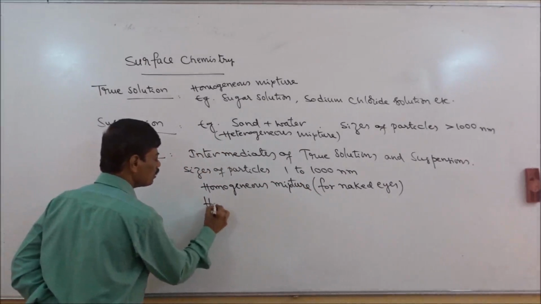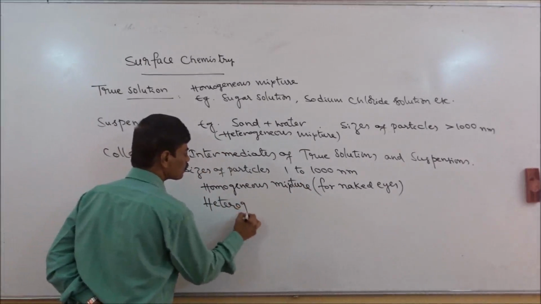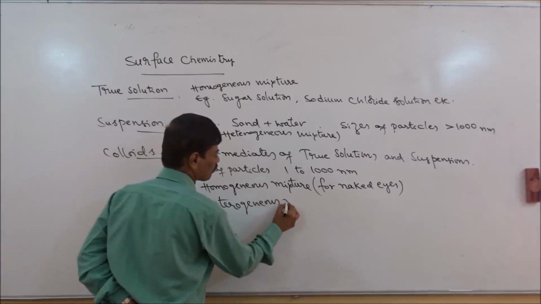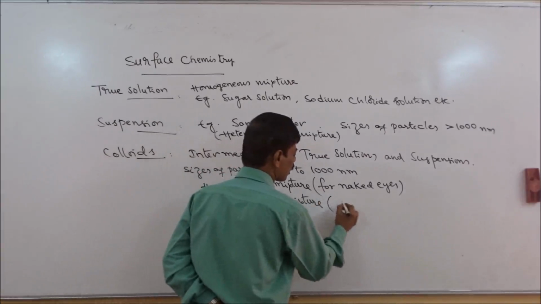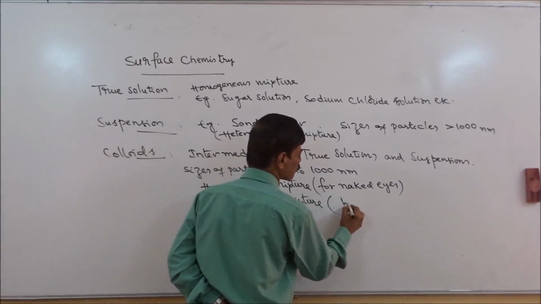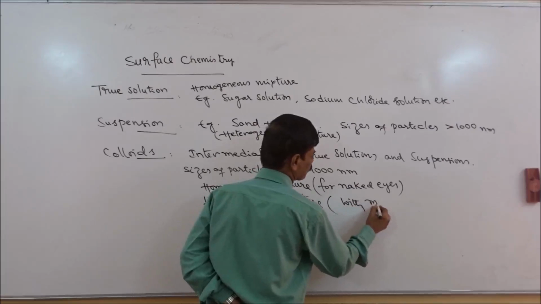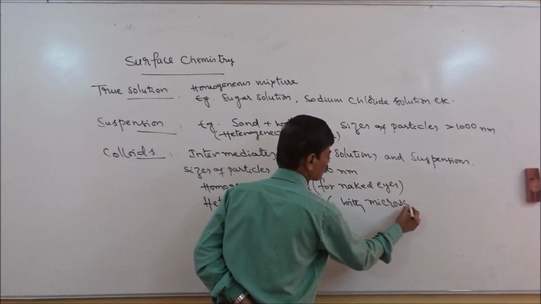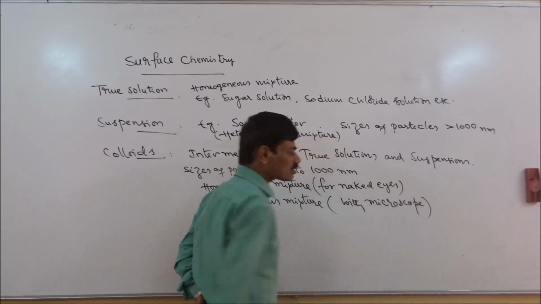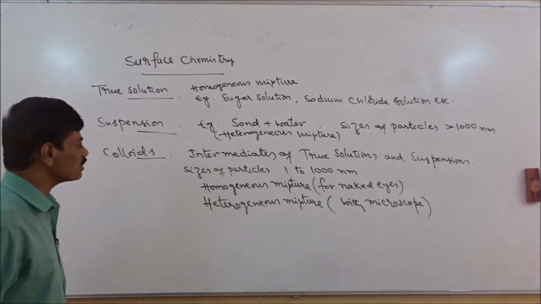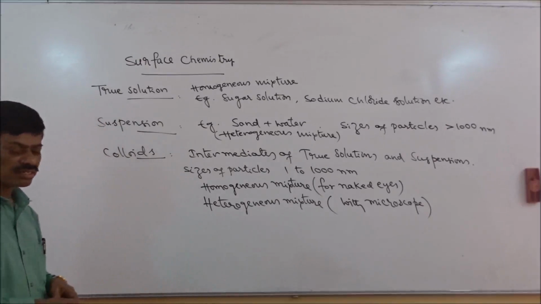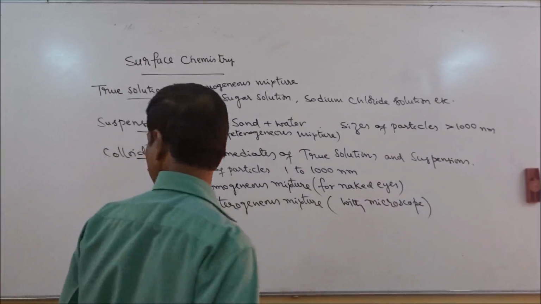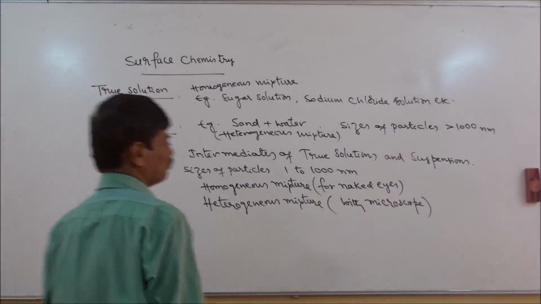Next, it can be heterogeneous mixture with the help of microscope, because the liquid fat that is present in the milk can be seen. So that's about true solution, suspension and colloids.